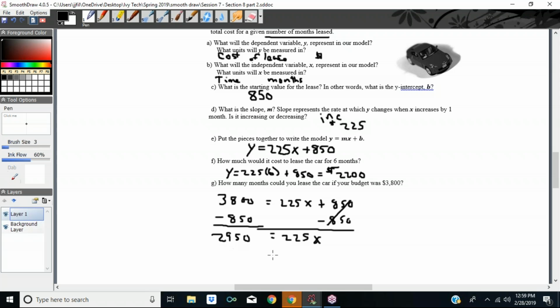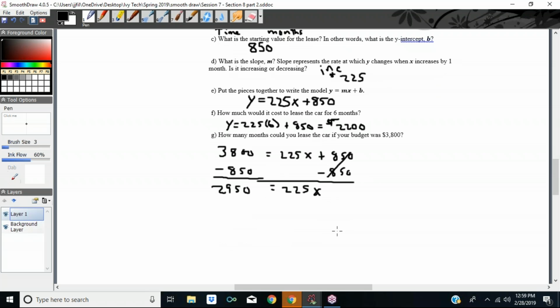So 2950, how many times does 225 go into that? Megan says 13. Let's see. Divide by 225. So let's see.